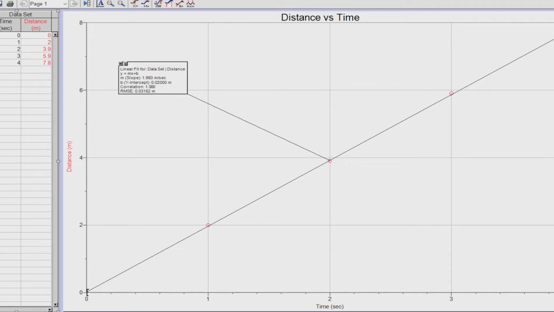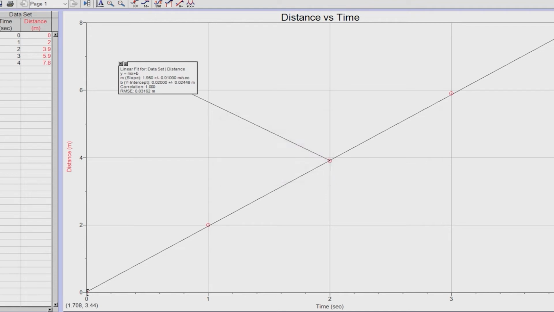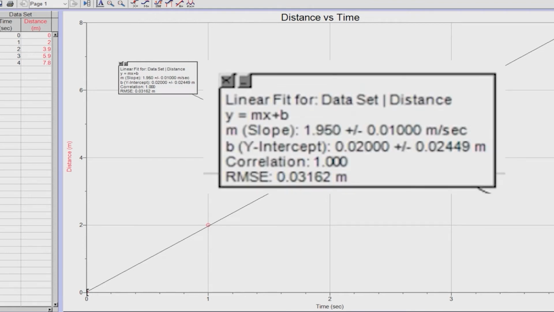And if we double-click on that little box, it tells us something even more interesting. If we select Show Uncertainty on the second box and hit the OK button, we will see data put in a second box, giving the error in your values, which is really what we're looking for here. Not just the fact that it's a pretty much linear relationship, but how close to perfectly linear is it?